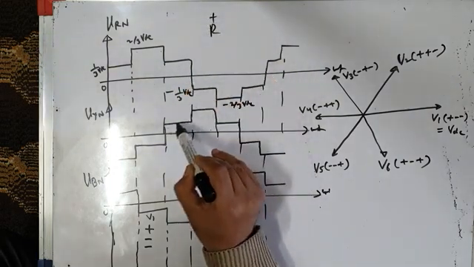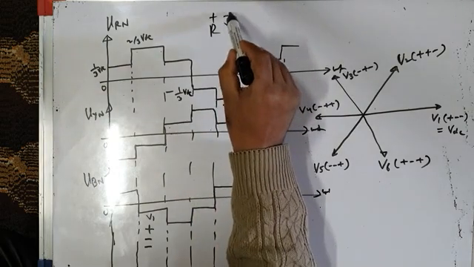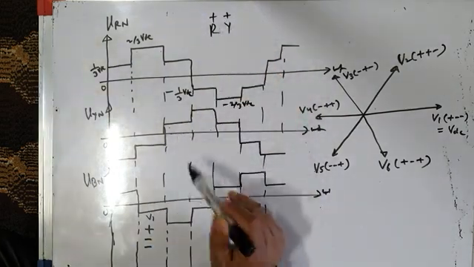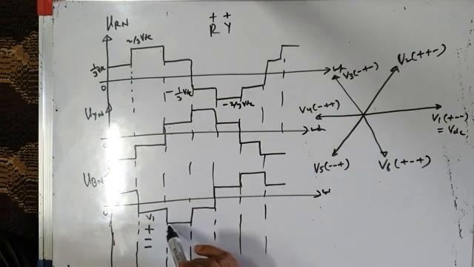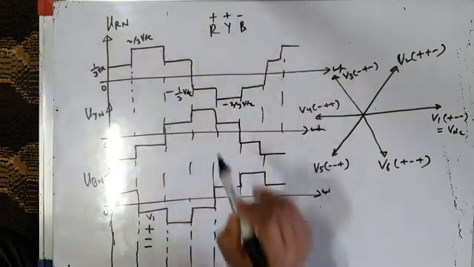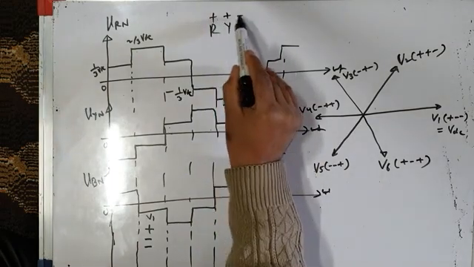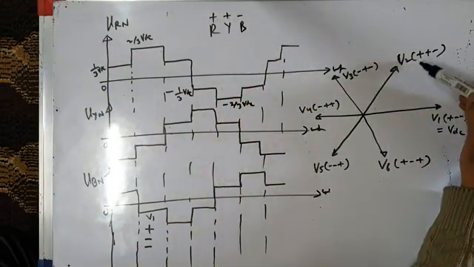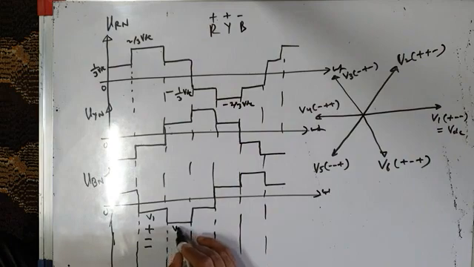Phase voltage VYN is also positive, so the Y leg is also plus. That means the top switch of the Y leg is also on. But phase voltage VBN is negative. That means the bottom switch of the B phase is on. So which switching state is this? Plus plus minus, and that is V2. So it is the V2 space vector. Switching state is plus plus minus.